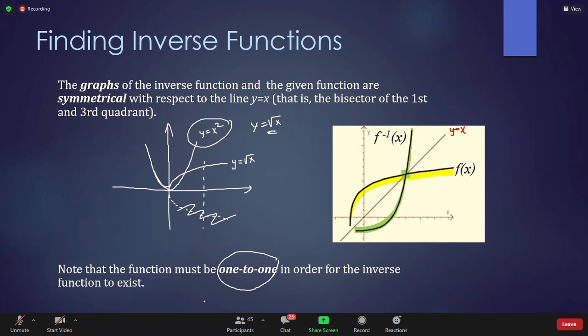In other words, we may have to delete one part of the graph, part of the domain, in order to be able to make this inverse function. So one-to-one. In other words, the function values must not be repeated. Not only only one y value for each x value, but also without repetition. In other words, the function values do not repeat.